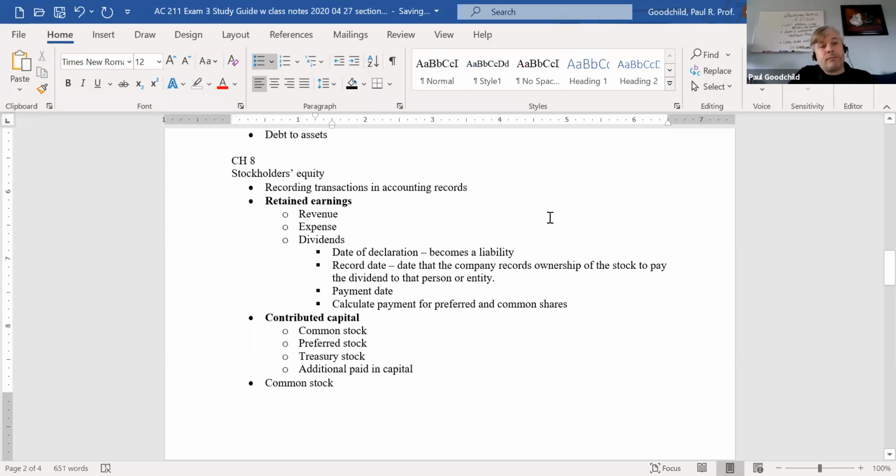So there is some time between the time that they declare a dividend where somebody may sell the stock or buy the stock, and during that time they're not entitled to that dividend until it gets to the record date.